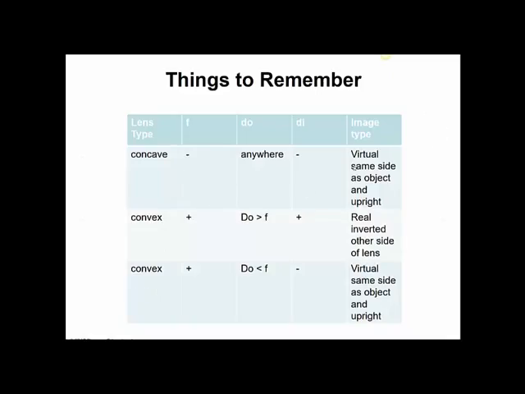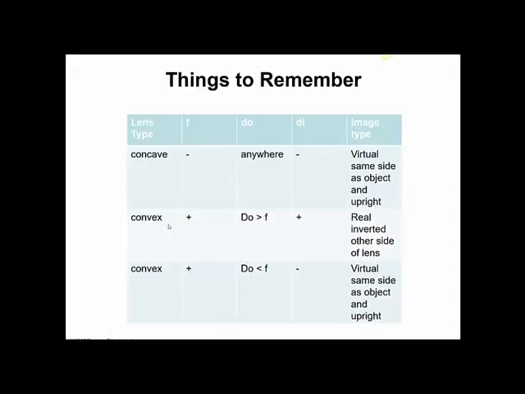So just to sum it up, this is a chart, just like the chart that you had for mirrors. A concave lens diverges light. So no matter where the object is, it has a negative focal length, and it will end up having a negative image distance because it's virtual. It's forming on the same side as the object, and virtual images are always upright.